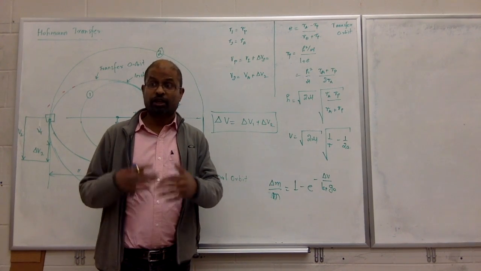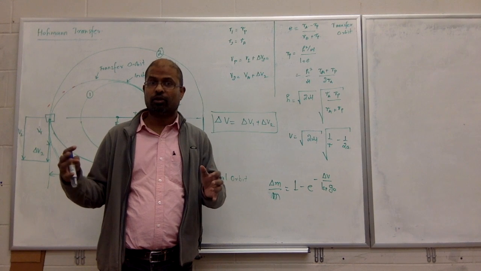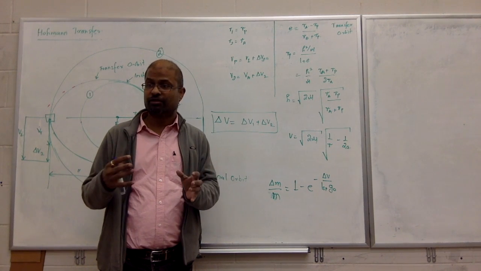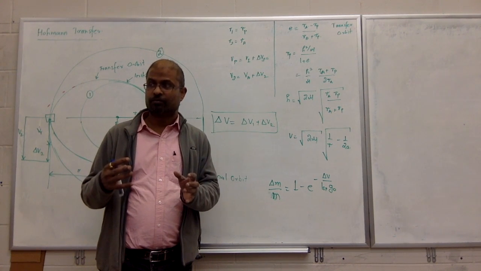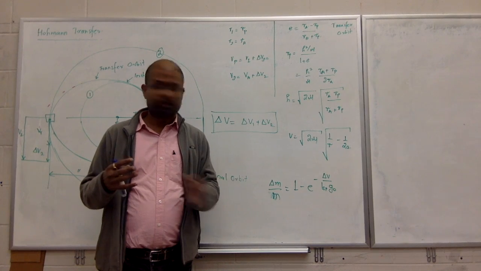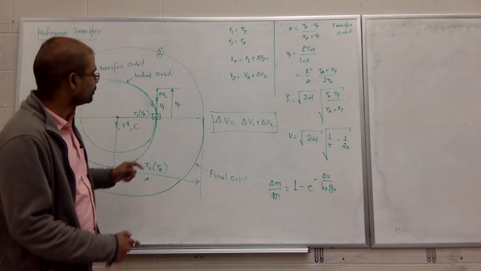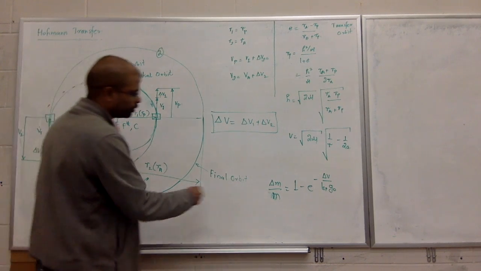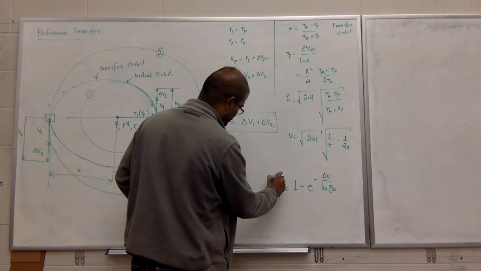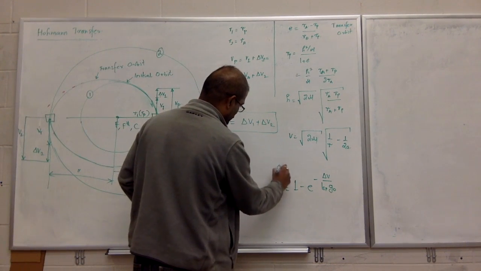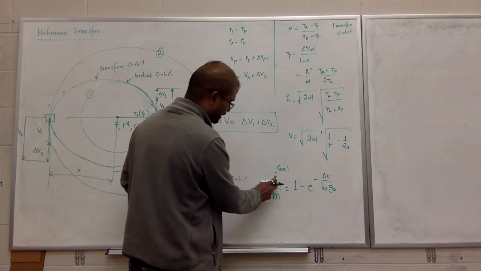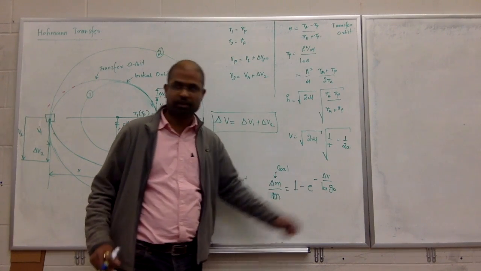Now are you trying to connect your orbital mechanics knowledge? Right? So you see delta V is, ultimately you're trying to do what? This is your final goal, to figure out delta M given ISP.